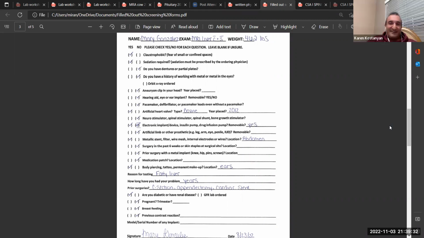It means it doesn't have any electronic or metallic parts in it. No, it has a battery. It has my medication in it. I have to check, is it safe or not? There's no implant card or anything you're ever going to get on an insulin pump.